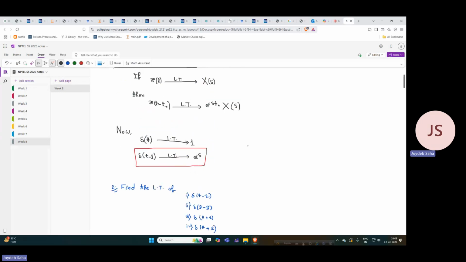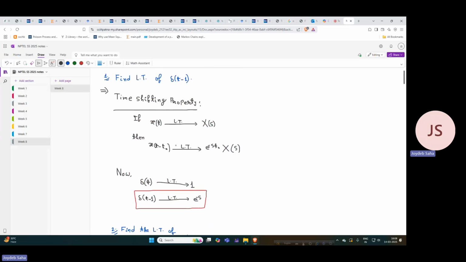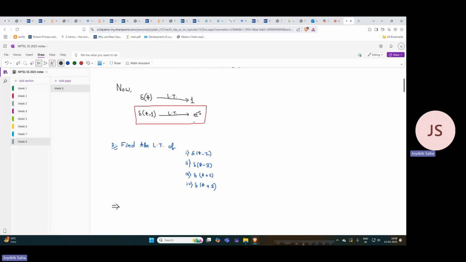We know the time shifting property, and we have solved the Laplace transform for delta t minus 1. Similarly, we have the question to solve: find the Laplace transform of delta t minus 2, delta t minus 3, delta t plus 1, delta t plus 2.